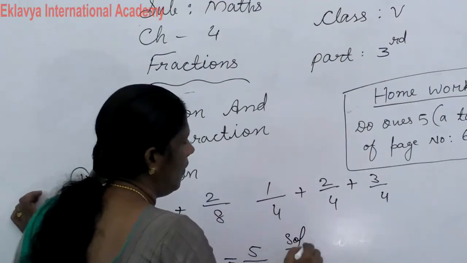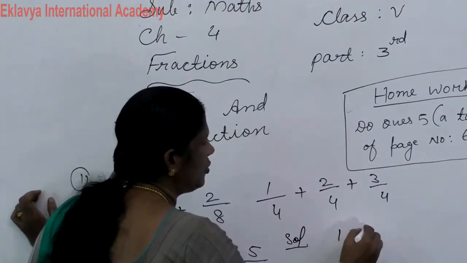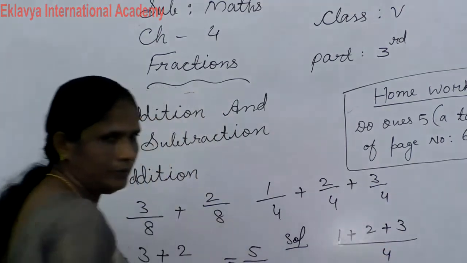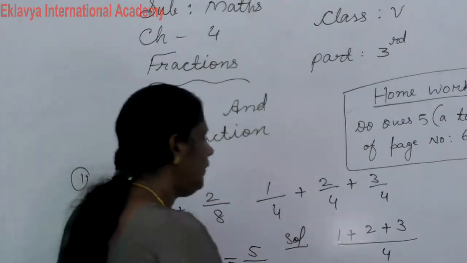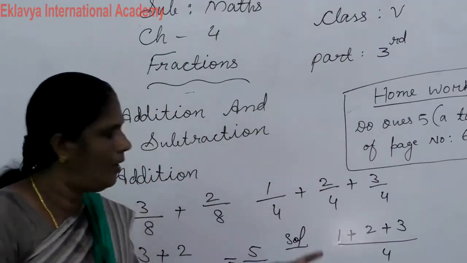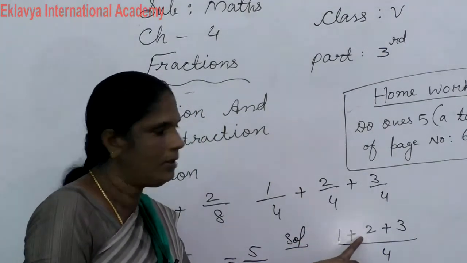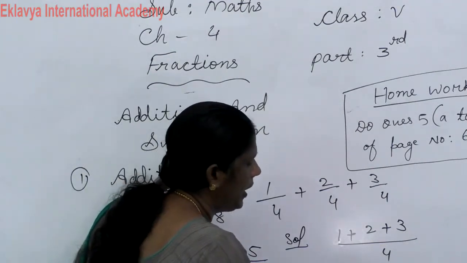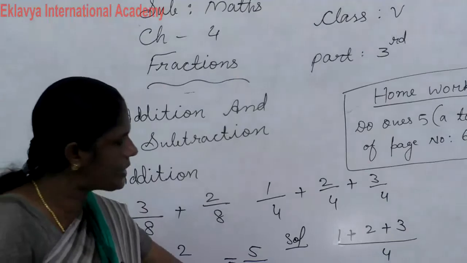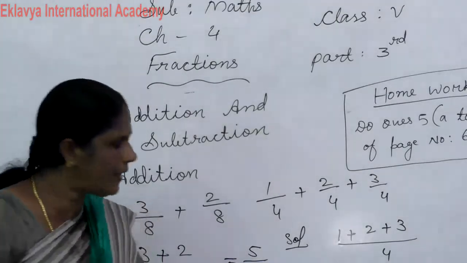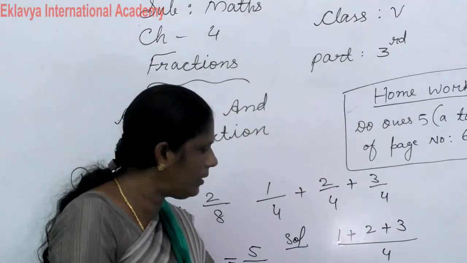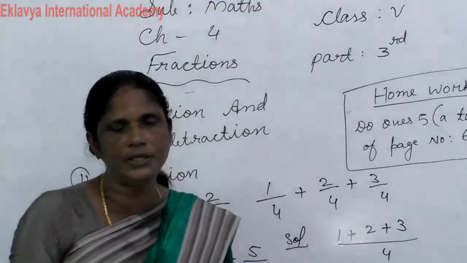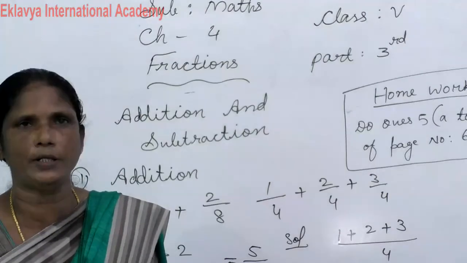Solution: 1 plus 2 plus 3 upon 4. 1 plus 2 is 3, 3 plus 3 is 6. 6 by 4. Which fraction is this? Numerator greater, denominator smaller. Improper fraction.